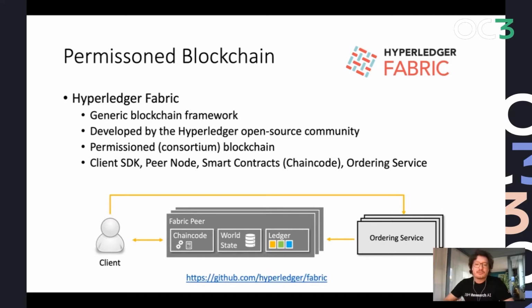When the peers receive a block with those transactions, they validate and commit those transactions to their local view of the ledger. And this is, again, just in a single slide, a distributed technology called Hyperledger Fabric.